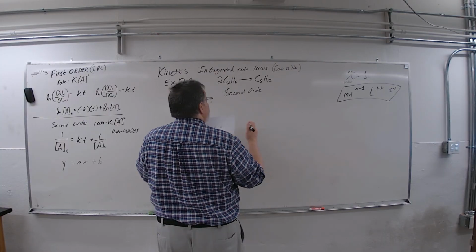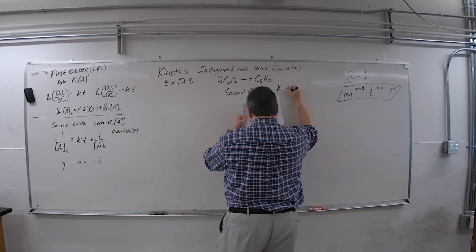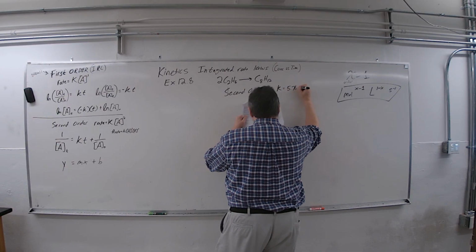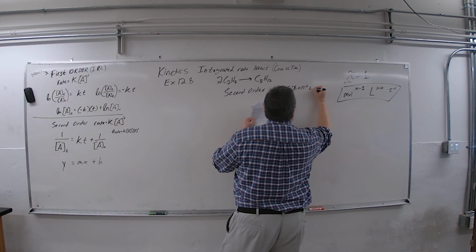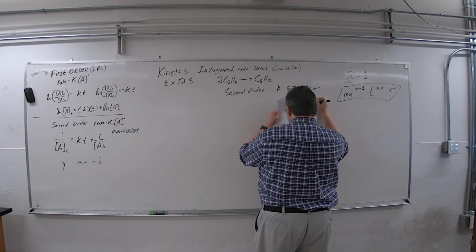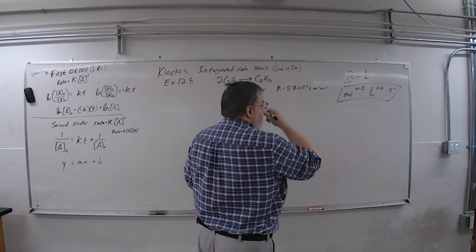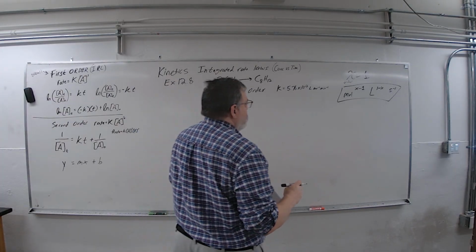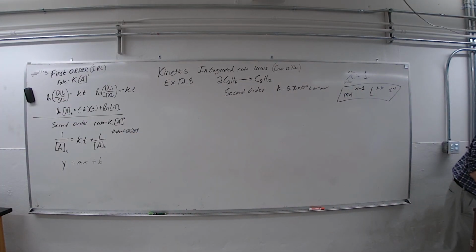The rate constant, they tell you, is 10 to the -2 liters per mole per minute. Remind me to turn this back on. It was X minus 1 mole.